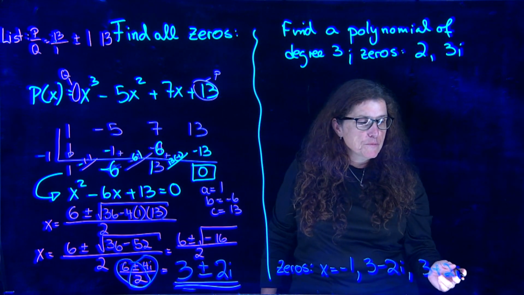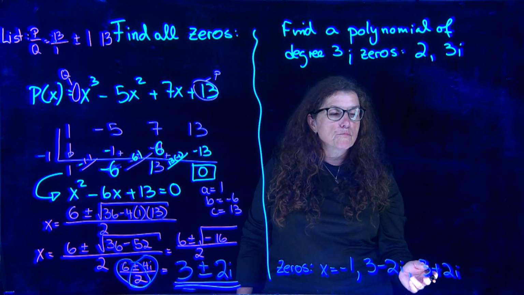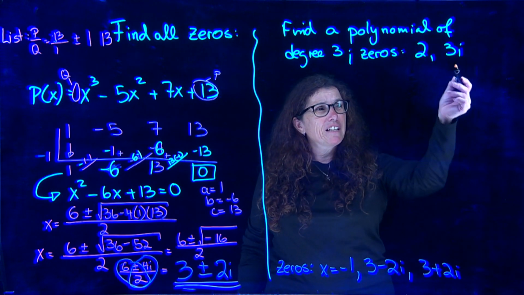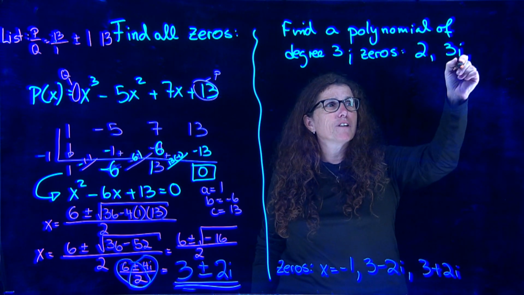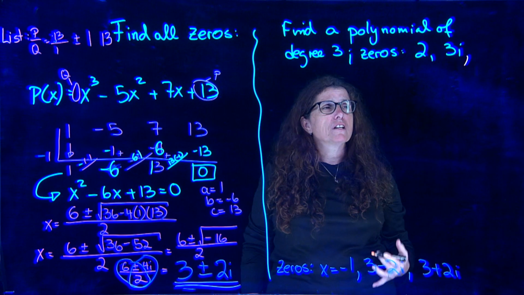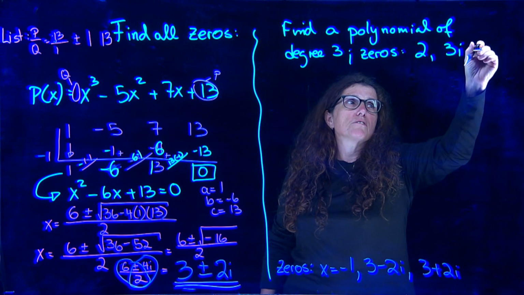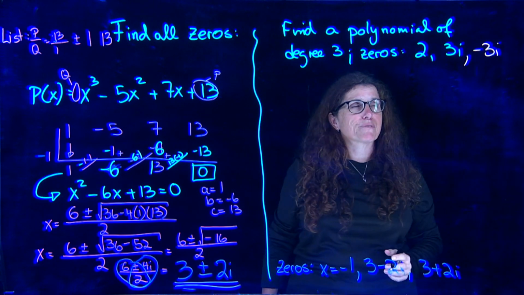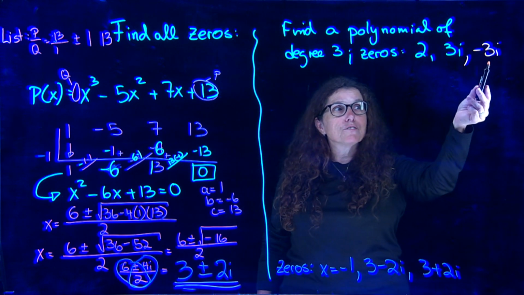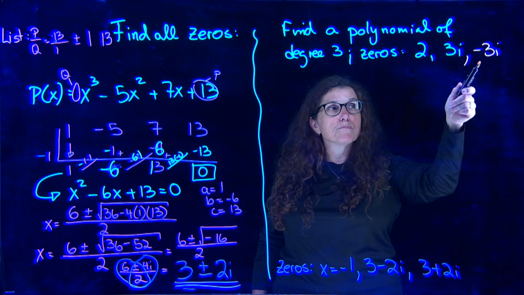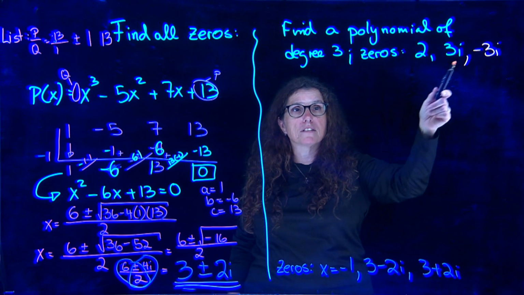Well, that comes from what I was just talking about. If 3i is a 0, then guess what? Its conjugate must also be a 0, which would be negative 3i. This is not given to you. You have to remember that. So be careful about that.